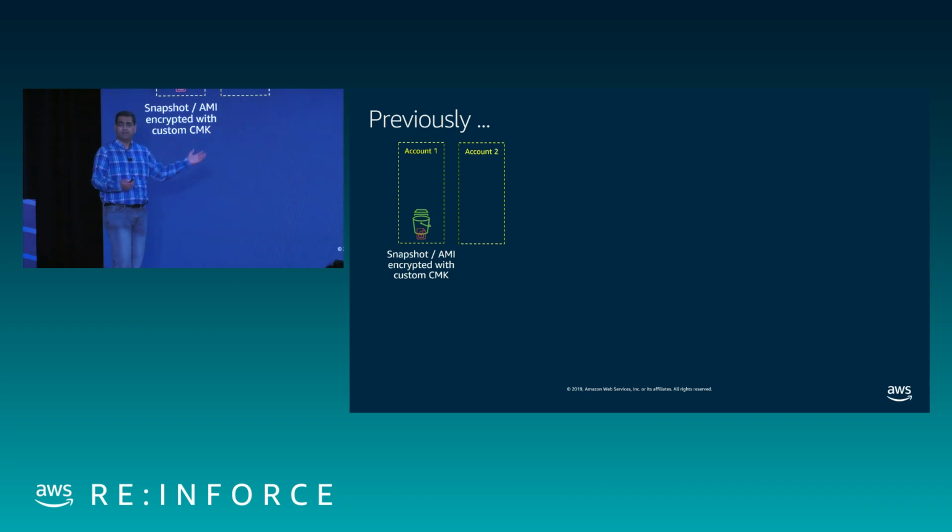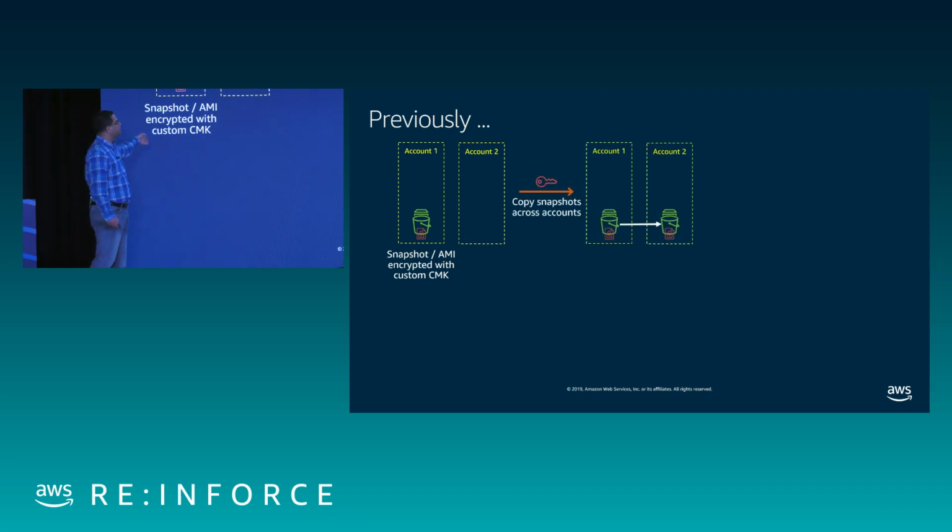A good example of this use case, by the way, is having an AMI bakery. Customers who have AMI bakeries have their IT team churning out AMIs that need to be consumed by a different account, a different team, or a different workload. So what you start with today is a snapshot or an AMI that is encrypted with a custom CMK.